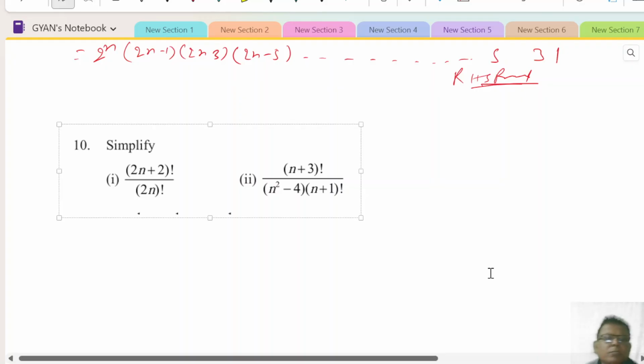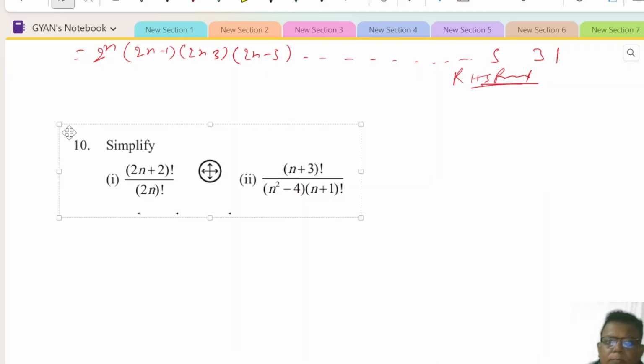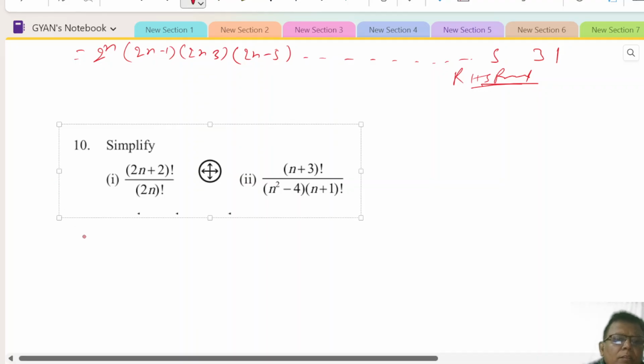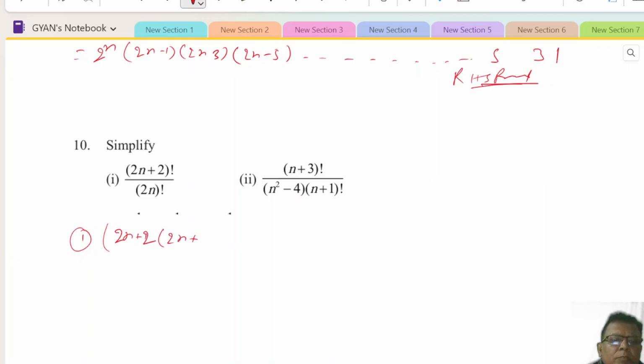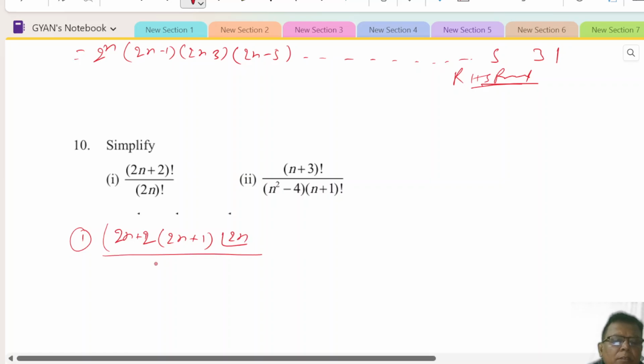Now see the next question. So next question, you can write 2n plus 1, 2n plus 2, and factorial 2n divided by factorial 2n. So 2n and 2n get cancelled.